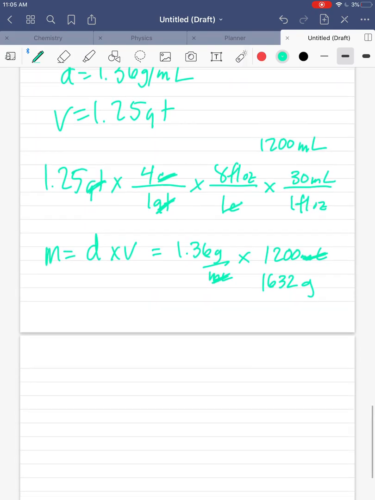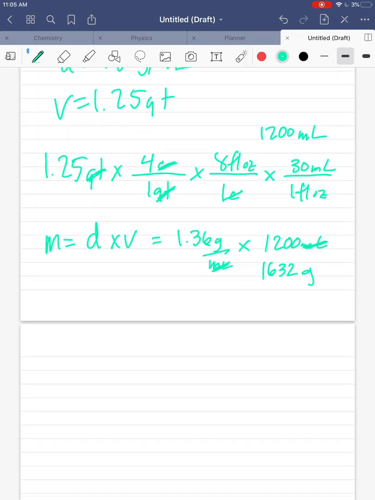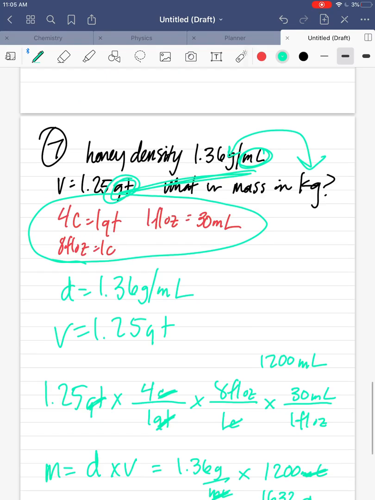Now, to do actual dimensional analysis, to get from grams to kilograms, 1632 grams, grams go on the bottom. I know that 1,000 grams is the same thing as 1 kilogram. So I'm going to divide, 1.632 kilograms. Let's go check the answer.